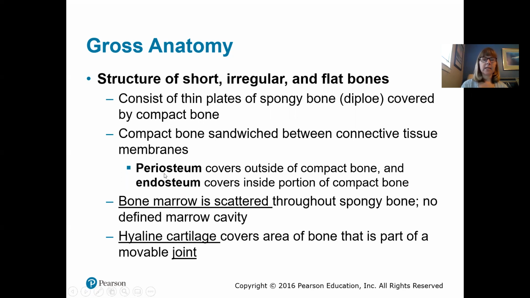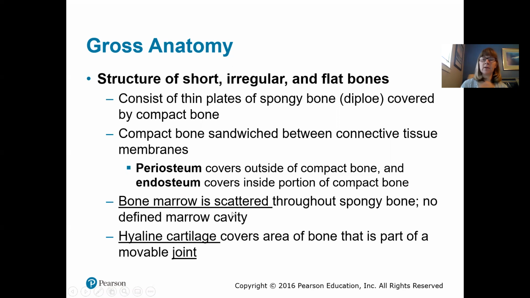Once again, breaking down this word, osteum is always going to refer to bone. Peri, remember, means surrounding the outside. So this is going to be the membrane, the connective tissue that surrounds the outside of the bone. And then endo is going to refer to the inside. I have a slide coming up that'll show you what that looks like. So this is the connective tissue that surrounds the outside and the inside of that compact bone.